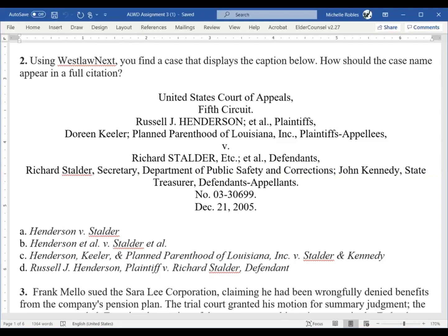So in this situation, A is also correct. We would only retain the first party's last name and then versus the first party's last name on the defendant's side, and we'll remove all other information. So A would be correct.